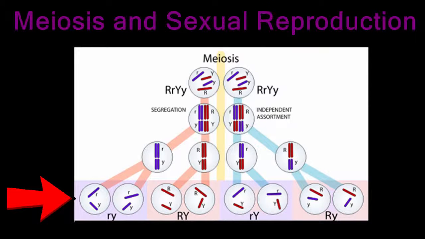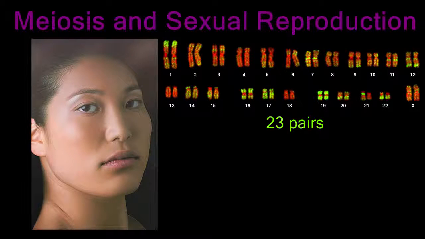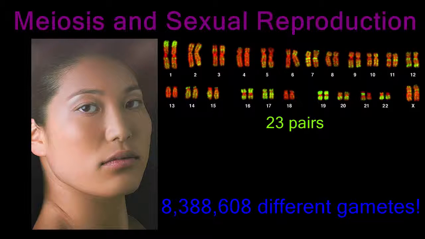The number of different genetic combinations an organism can make by meiosis varies depending on how many chromosomes the organism has. A human, for example, has 23 pairs of chromosomes, or 46 chromosomes total. With that number of chromosomes, a human individual can make a total of 8,388,608 different gametes by independent assortment alone.